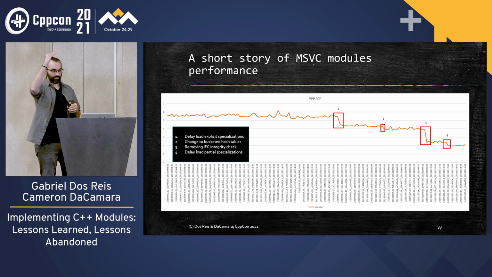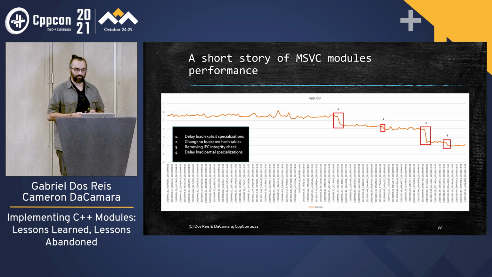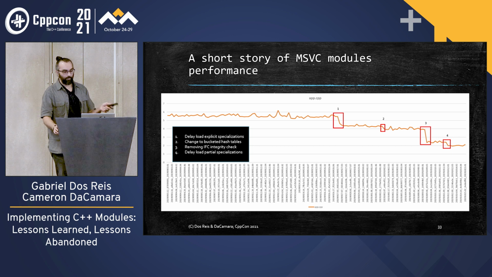So the scale on the left-hand side here is in seconds, and the X is commits that went into MSVC. So lower is better in this case. And I implemented 4 optimizations, which took us from about 6 seconds of import time to about 1.8.